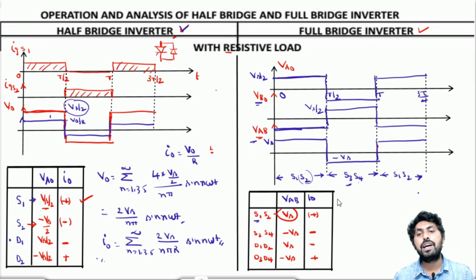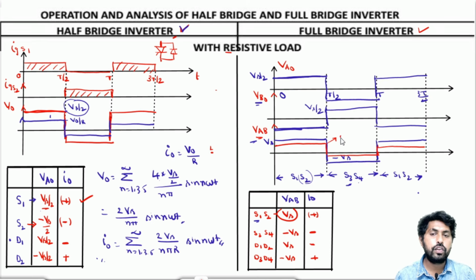Let me draw the I naught in this. I naught with the reduced magnitude will be like this, that is Vs by R, since I naught equals V naught by R. Now here also let me write the Fourier series expression, which we derived in the basics of power electronics.